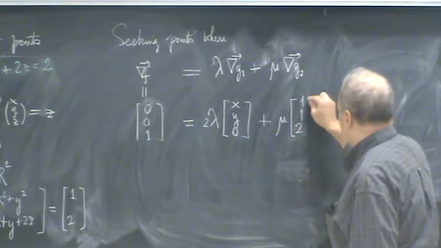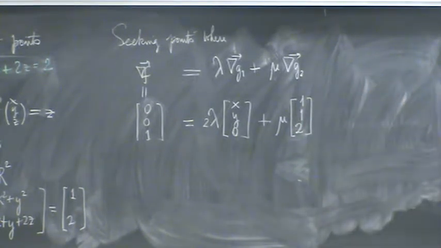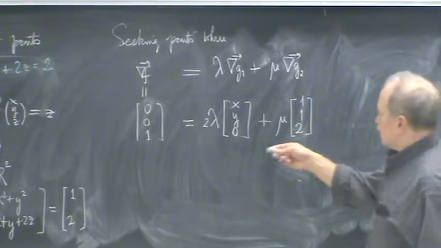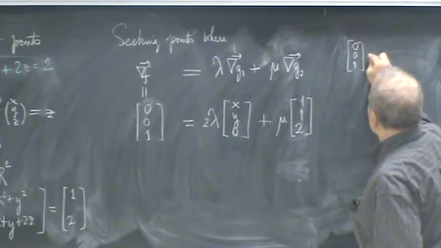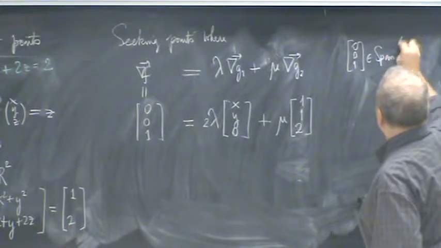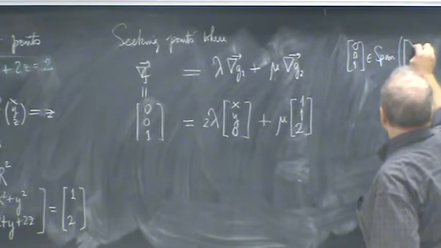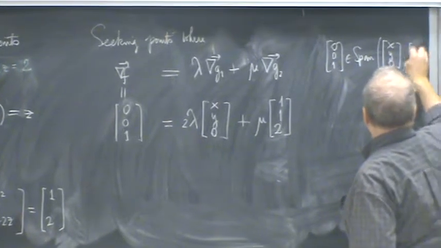Okay, well now I have to deal with that too. So the question is, when is the vector 0, 0, 1 in the span of the two vectors x, y, 0 and 1, 1, 2?